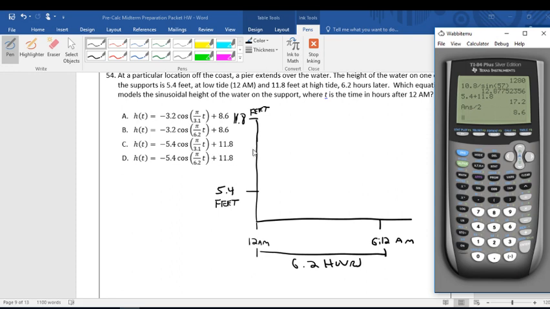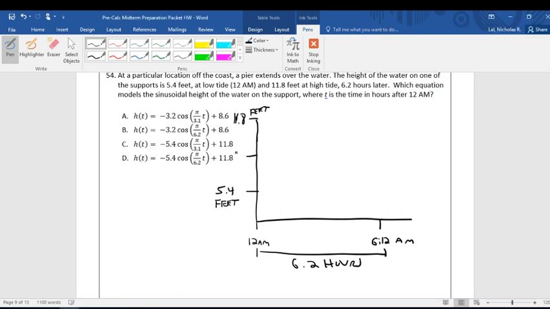So we have 8.6 as our midpoint. So that's 8.6. All right. So we're at this point here, and this point here. This is the midline.